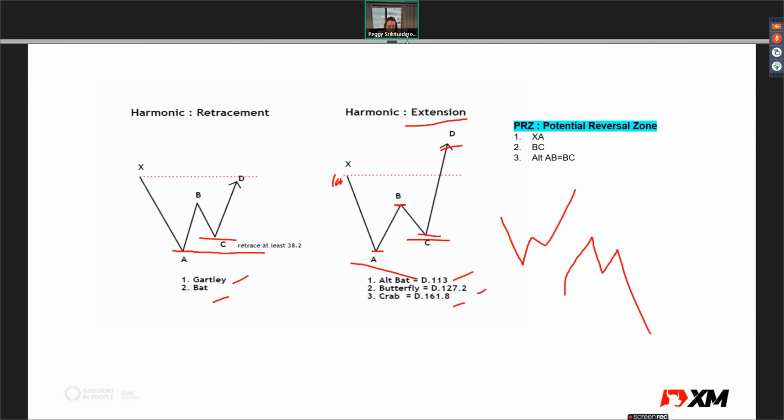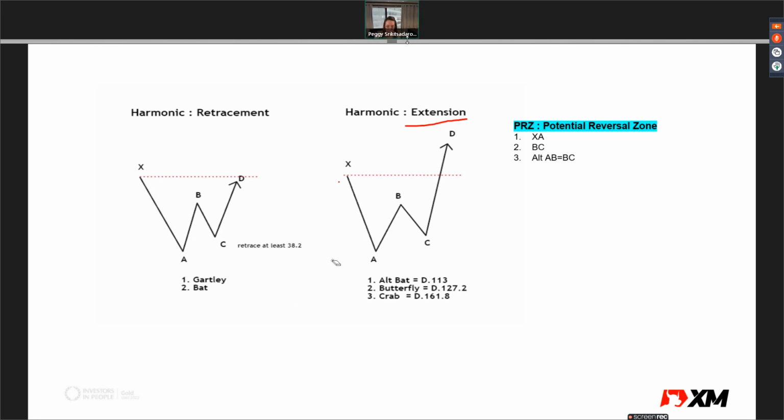They have two. If it's a normal bat, D is not going above the X level, but if the D point goes above, that will be an alternate bat. Here, you can remember this one.